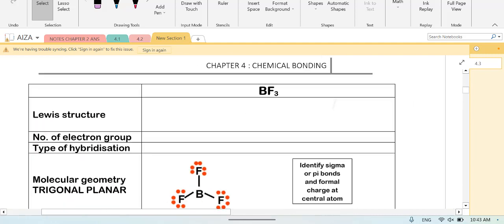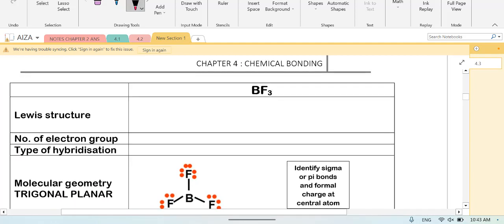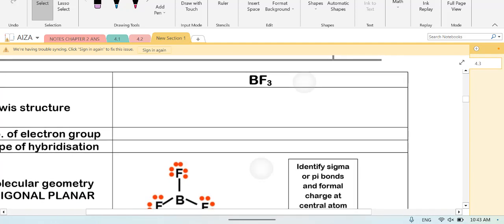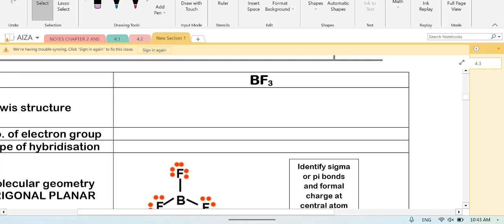Next. First and foremost, when the question asks you to describe or explain the hybridization process in BF3, first you need to draw the correct Lewis structure. Follow it step by step.